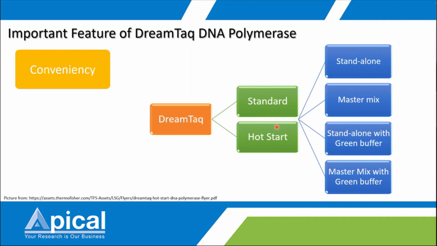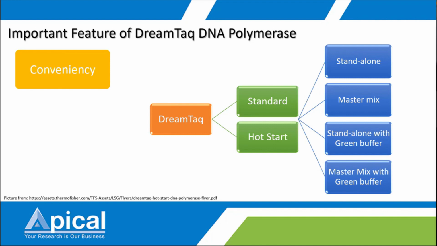For both standard and hot start, you can choose the standalone polymerase only, or a master mix which carries the dNTPs, reaction buffer, and polymerase inside, or polymerase only with the green buffer, or the master mix with green buffer. So you can choose.